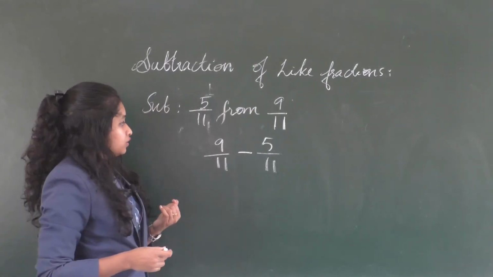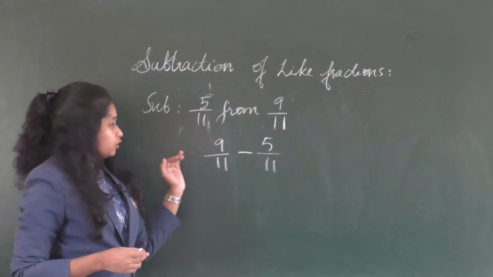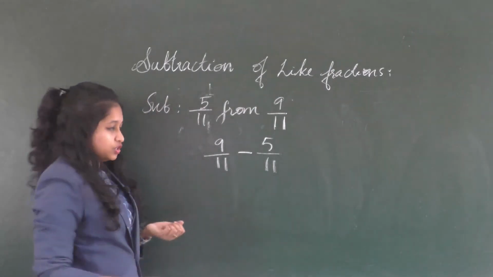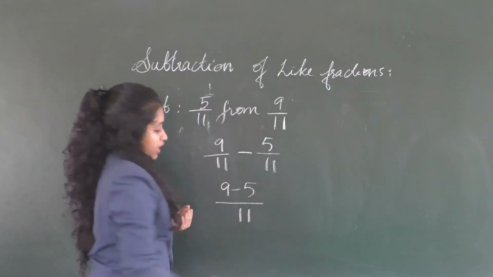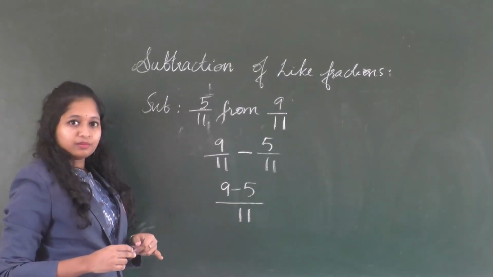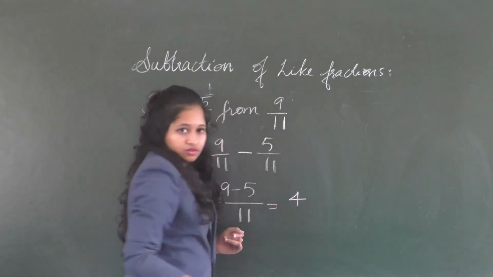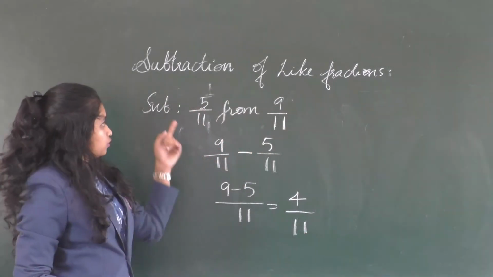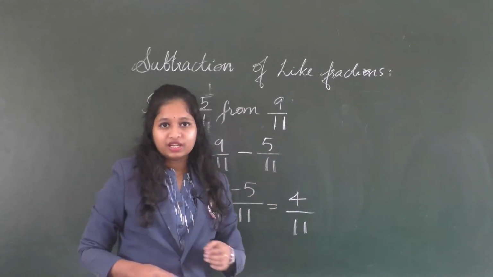Now if you observe, the denominators are the same, isn't it? So we can subtract the numerators and place the common denominator. Now, what is 9 minus 5? It is 4, isn't it? So 4 by 11. So 9 by 11 minus 5 by 11 is 4 by 11.